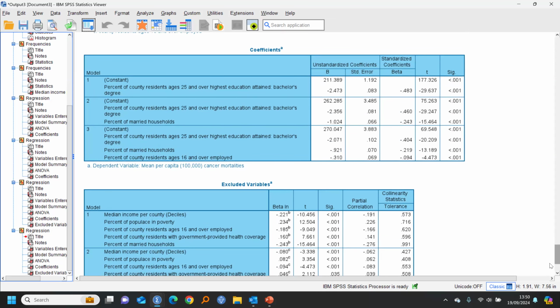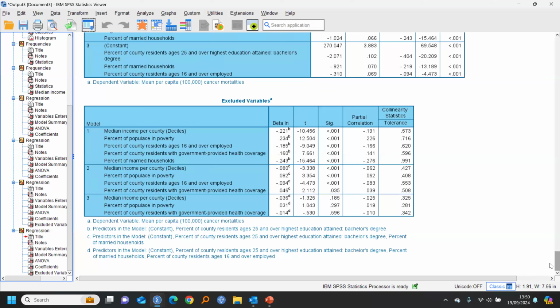It's telling us what the excluded variables were. Excluded variables were median income per county, population in poverty, and percent of county residents. So actually, these collinearity statistics, I should have pointed out, are the ones that haven't been added.